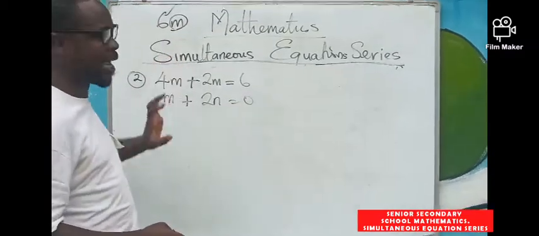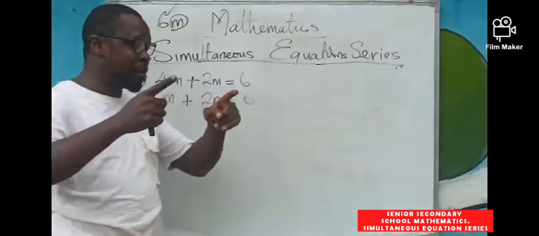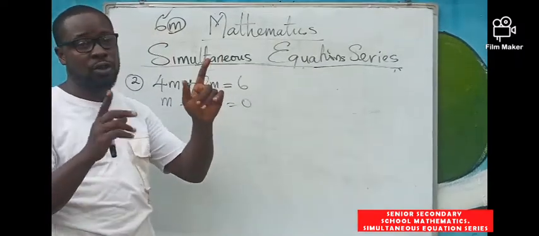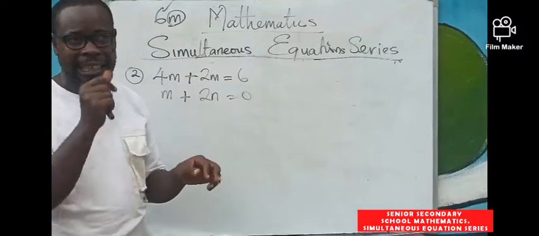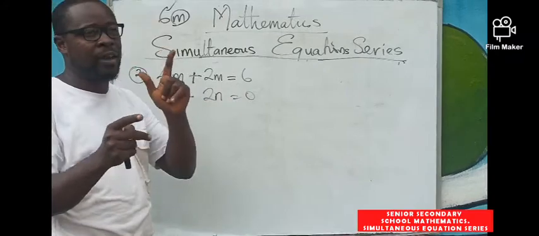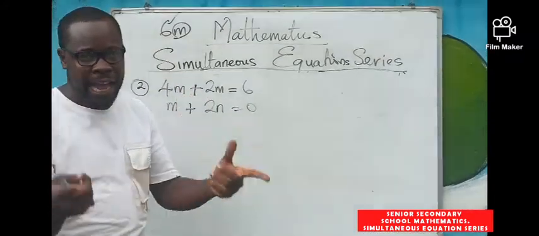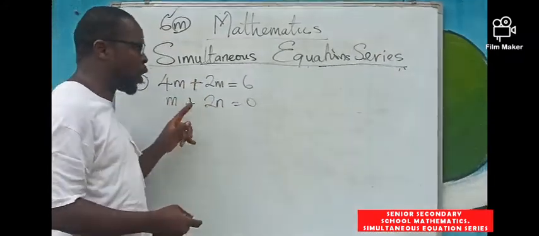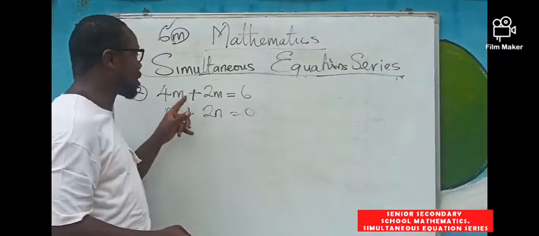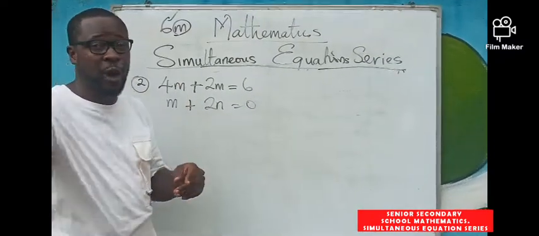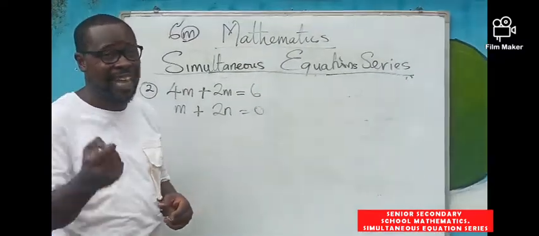Now we have the same sign. So whenever you have plus and minus, simply do what? Add. But when you have plus and plus, or minus and minus, you do what? You adopt the effect of the negative sign to change it.